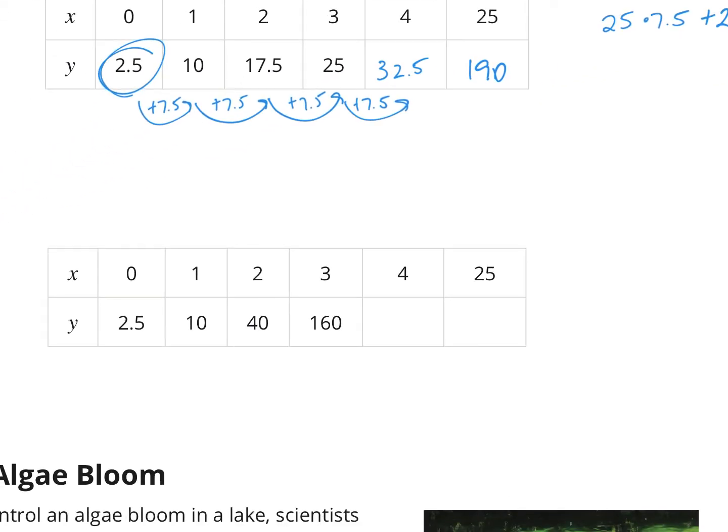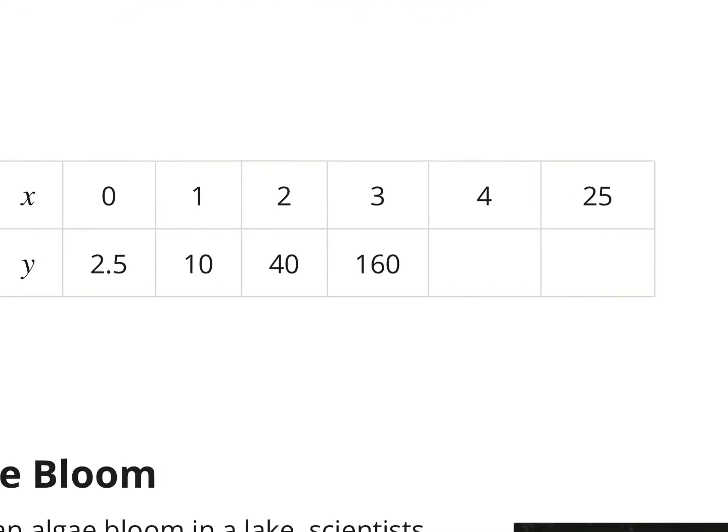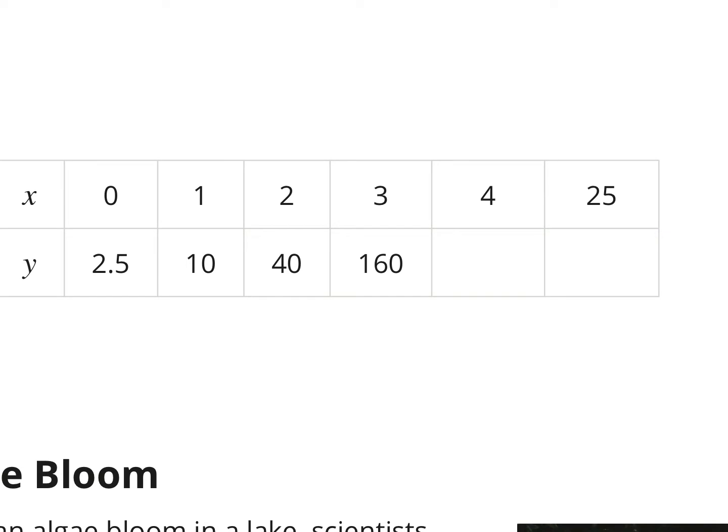Looking at the second table, that's a little bit different. Since this one, we can kind of see that this one's increasing more exponentially. So if I look at my first entry, I know anything raised to the 0 power is going to be equal to 1. So this is going to be equal to 2.5 times something to that 0 power, which we don't know yet.